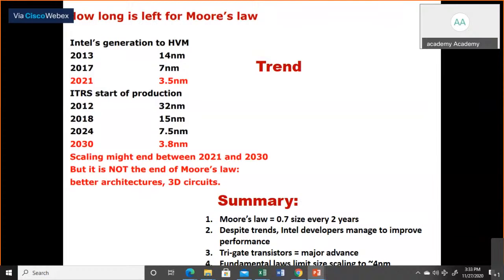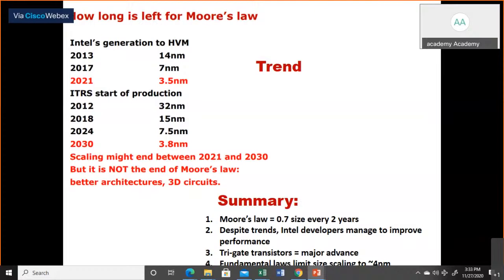Currently we are at 7 nanometer and less than that. We are reaching the target earlier than the ITRS projection because of the hard work of the semiconductor manufacturing companies. So it is expected that it might go up to 2030, and after that Moore's law may end.